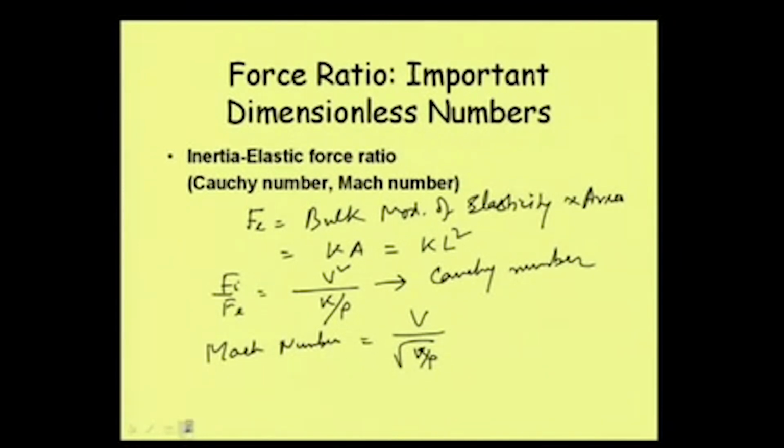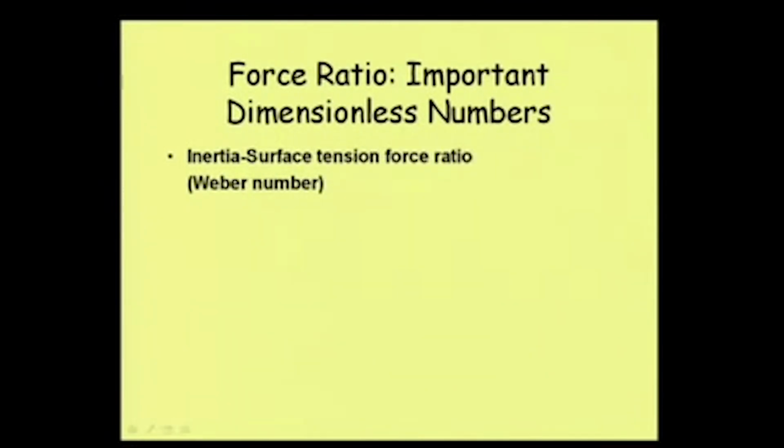Then one more number is popular, that is for surface tension, say Fs. Suppose sigma represents surface tension, which is surface tension force per unit length.